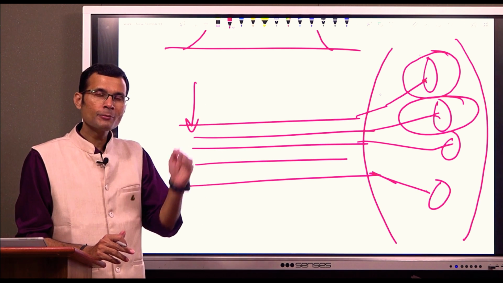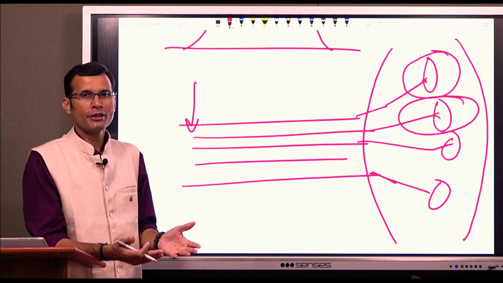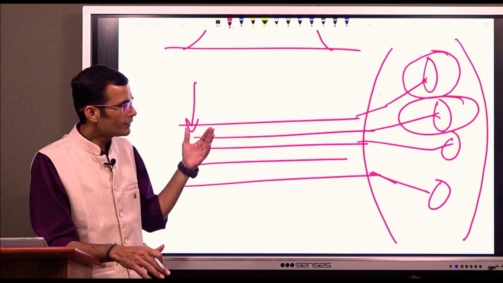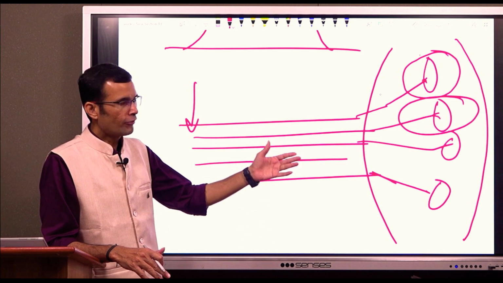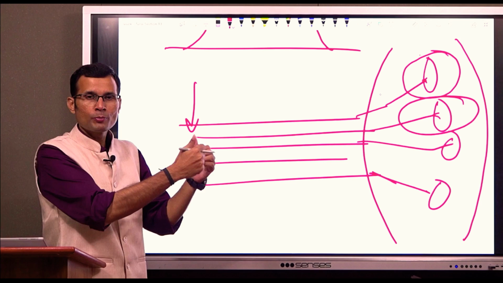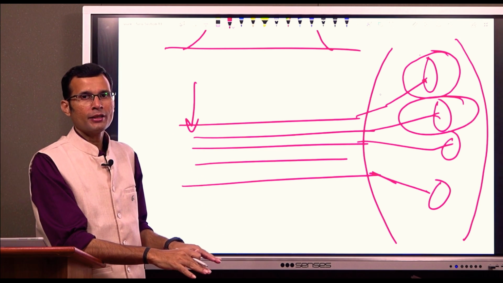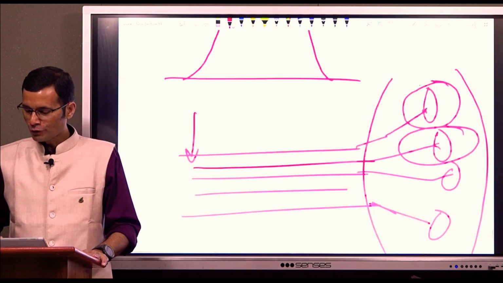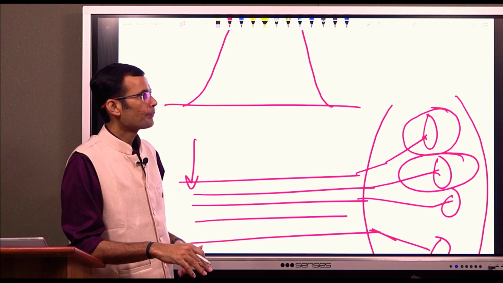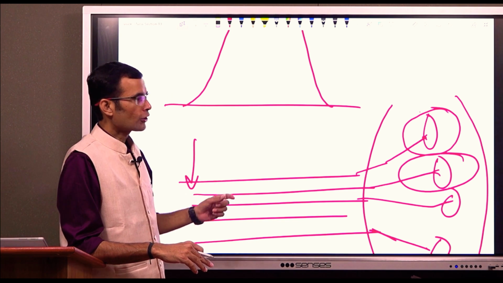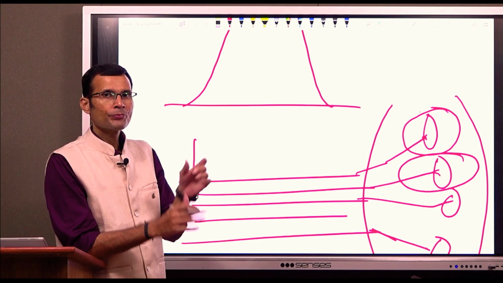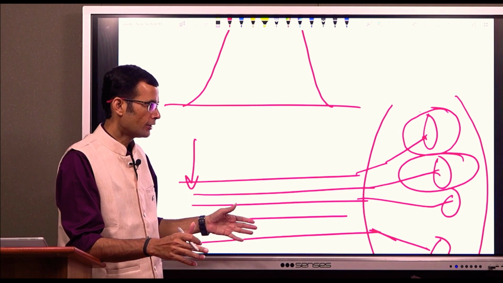So in this manner, acetylcholine is exhausted, neurotransmitter is exhausted, and therefore those muscle fibers stop contracting, and therefore strength of contraction goes on decreasing in this manner. So exhaustion of the acetylcholine in the neuromuscular junction.